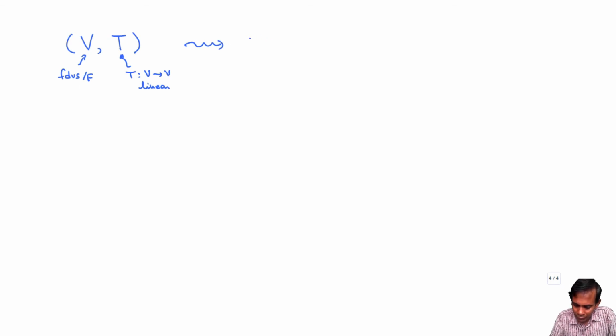More generally, let's fix a finite dimensional vector space V over a field F and a linear operator T. So V is a finite dimensional vector space over F and T is a linear map from V to V. And to this data, you can associate an F[t] module M, let's call it M subscript T to denote that it's associated to T. You've seen this construction already.